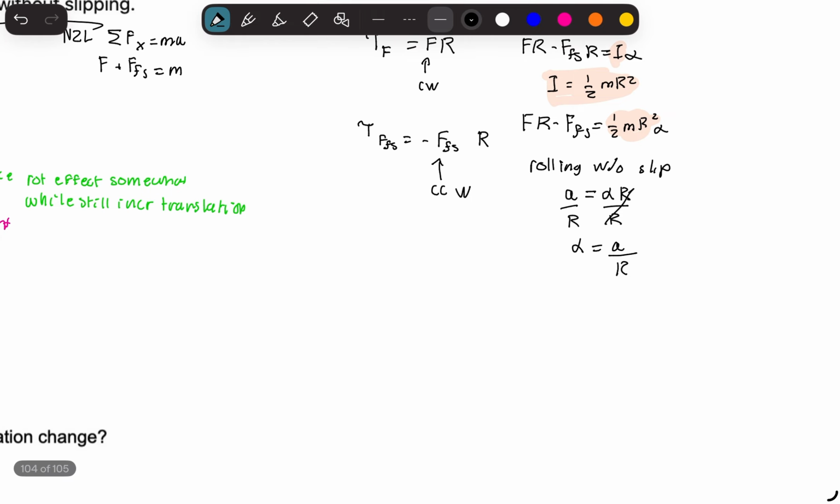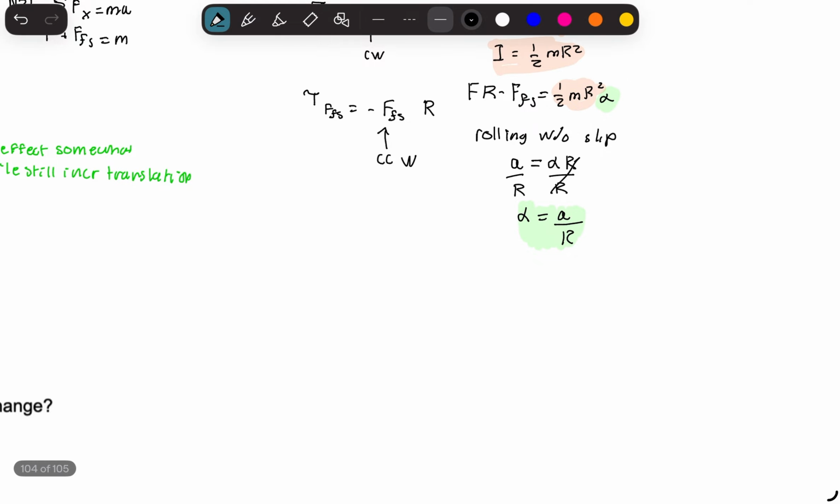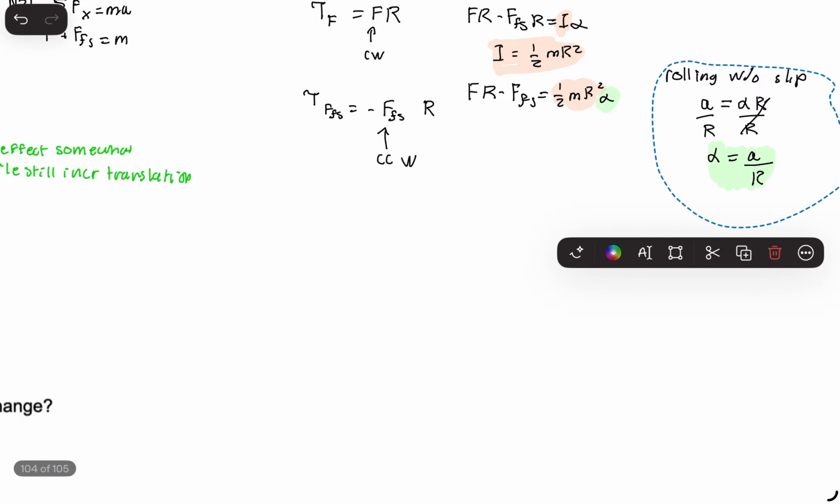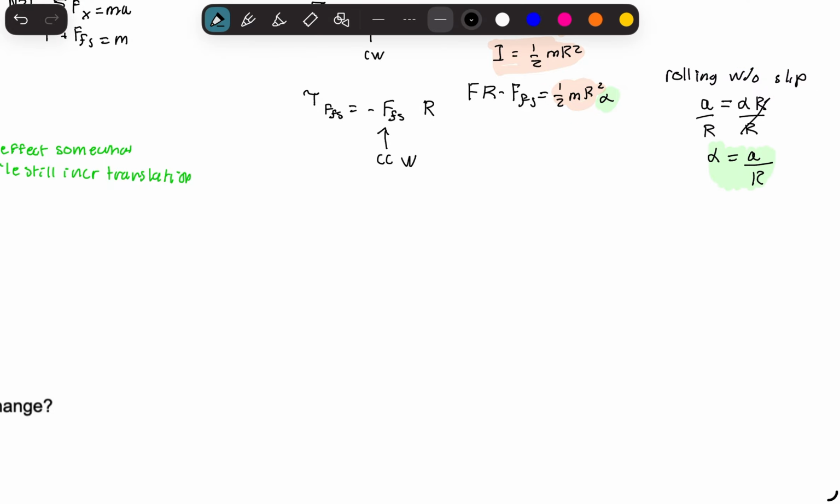Now you're going to substitute alpha into your equation up here. You're going to get FR minus FsR is equal to 1/2 mr squared a over r. So one of these r's cancels out, and you're left with FR minus FsR is equal to 1/2 mra.